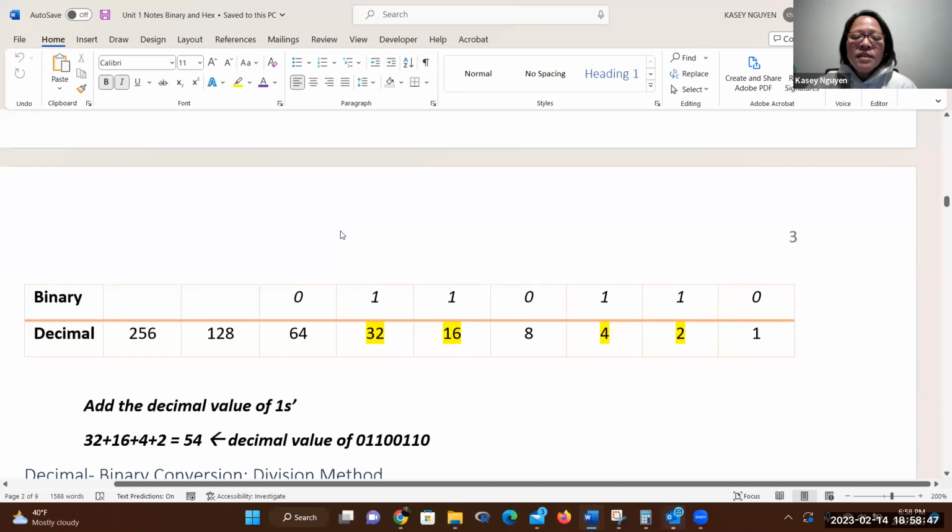So you can use the scale again. It is multiple of 2 because it's binary, right? So your decimal equivalent is going to be multiple of 2 starting from the least significant bit on the right-hand side. 1, 2, 4, 8, 16, and so on. Then you place the binary value on top.